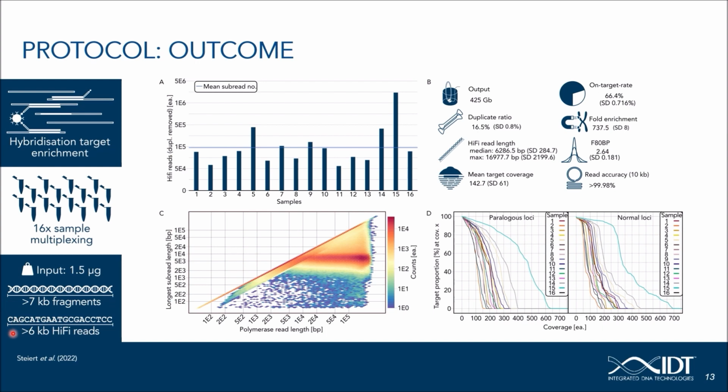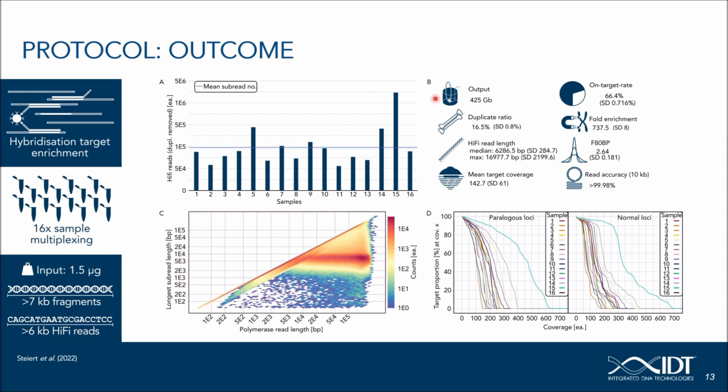Due to the repetitive sequencing of those fragments, we were able to achieve a mean accuracy of 99.98%. Also, what you can see here is the distribution of reads between samples, and maybe with the exception of one sample, the samples were relatively even in terms of read number. And the good thing to say is also that the mean target coverage was almost 143x.